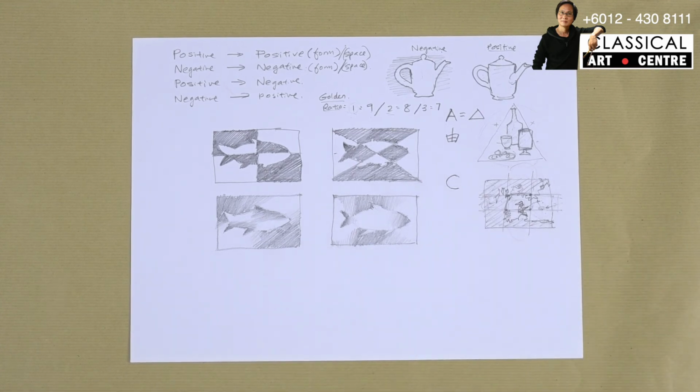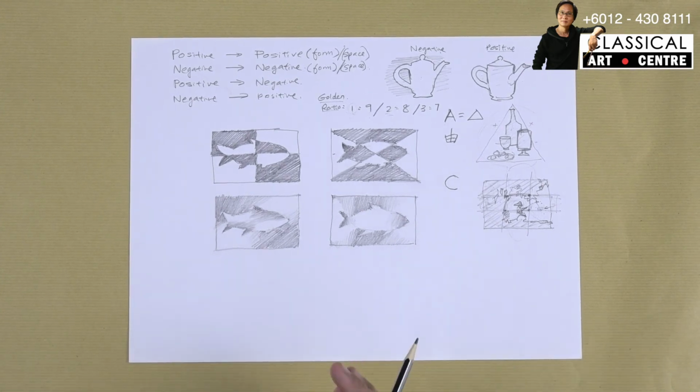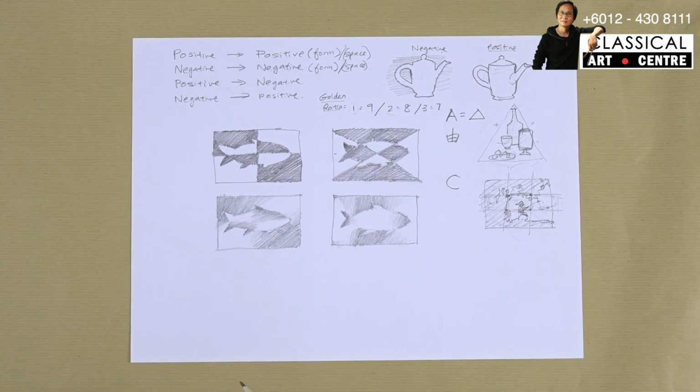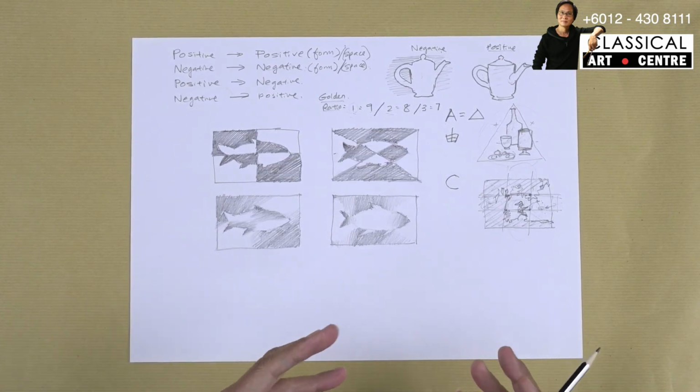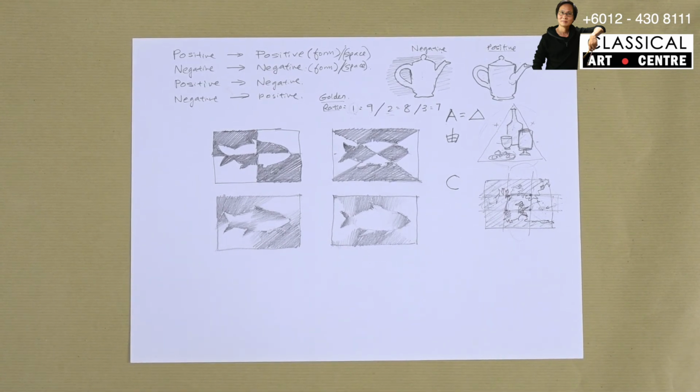But in art, this is only a reference, an idea for you to do your own composition. This is not a definite answer. You can create your own composition which is not the same as what I said now, but it's still balanced, and the audience can still look at the focus point and know which part is important.